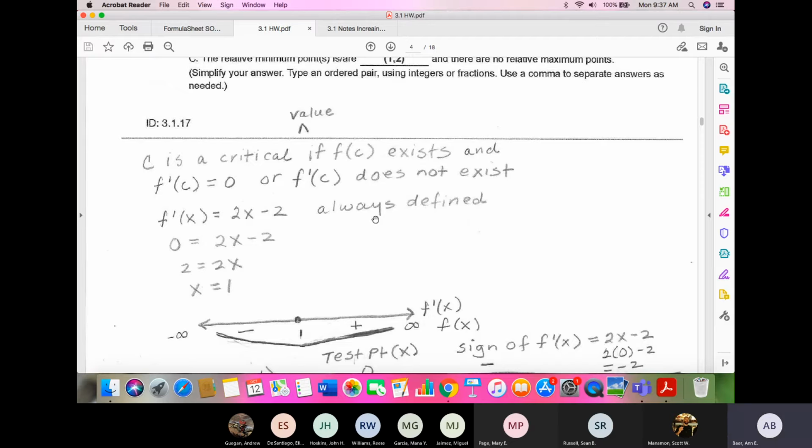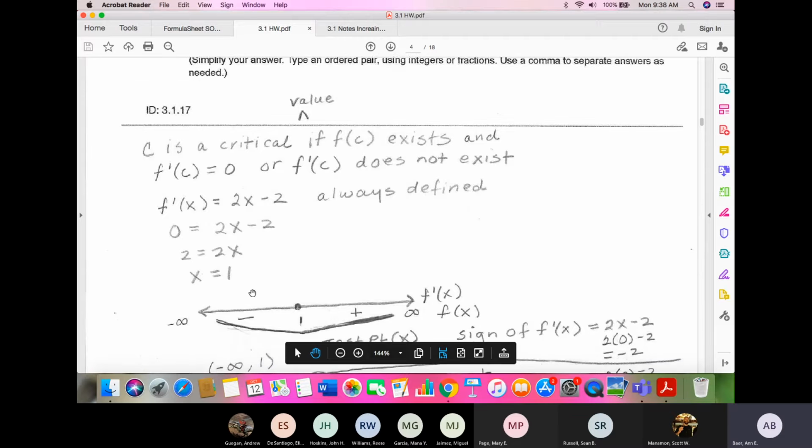So we're only talking about having to set this equal to 0, since it's always defined. I'm going to take this 2x minus 2 and set it equal to 0 and solve for x. First I'm going to move this minus 2 over to this side. It'll turn out to be plus 2 on this side, equals 2x. Then we solve for x by dividing both sides by 2. 2 divided by 2 is 1, and 2 divided by 2 times x is x.